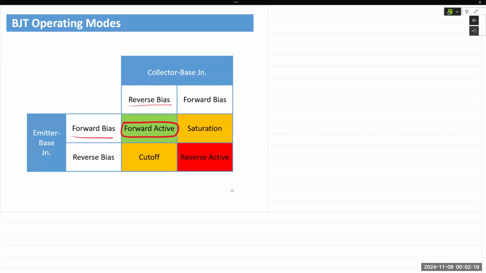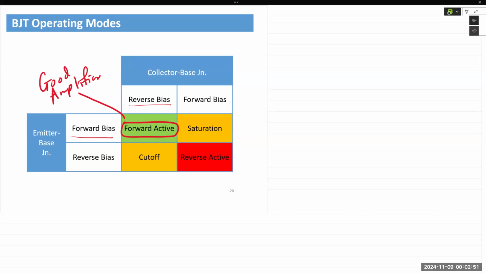The forward active mode. And this forward active mode is by far the most popular for use as analog amplifiers. In the forward active region, the BJT behaves as a very good amplifier. Okay, a small amount of input current at the base can result in a very large output current at the collector.